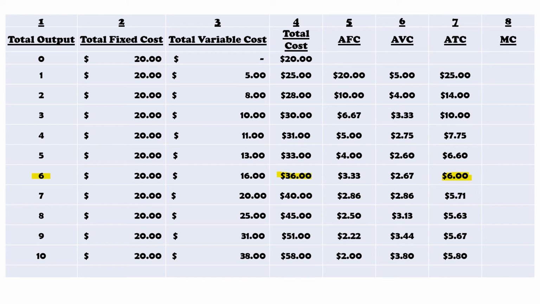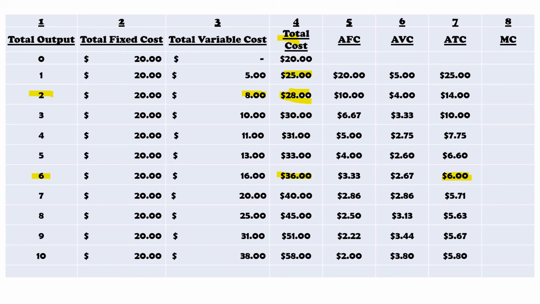Now, in order to calculate the marginal cost, remember that the marginal cost is the change in total cost divided by the change in output. So at 2 units of output, the change in total cost will be 28 minus 25, which is 3.